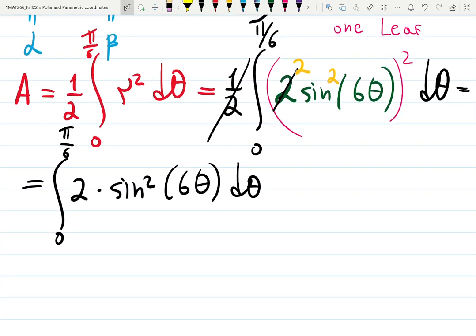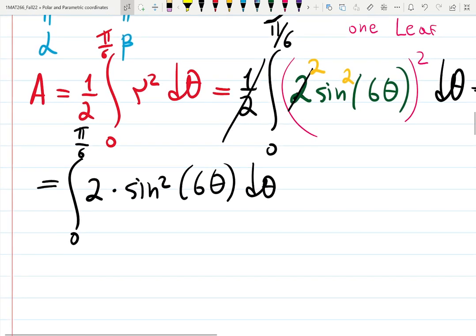But it doesn't matter. Let me ask you, how do we integrate sine squared? What do we do with sine squared? Who remembers? We did this in exam 1. 1 minus cosine squared will not work, but that's a good guess.